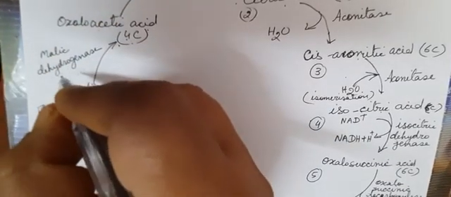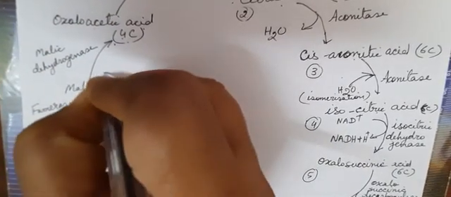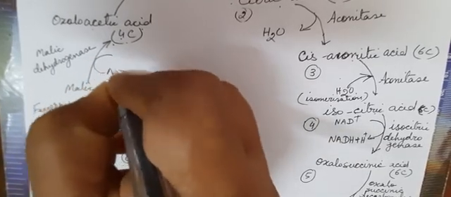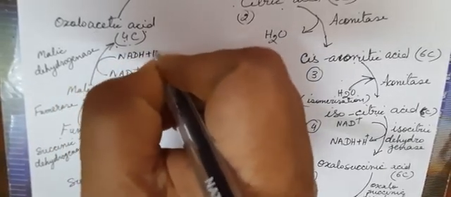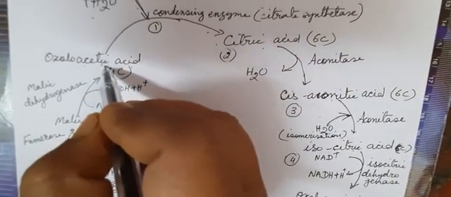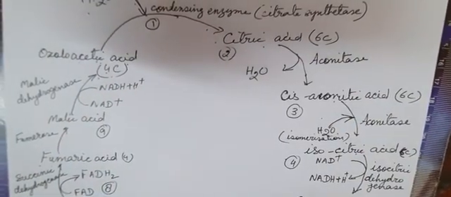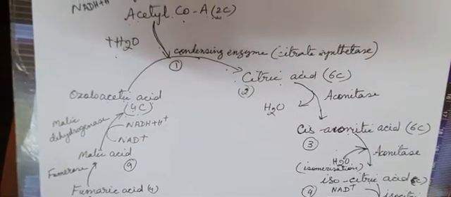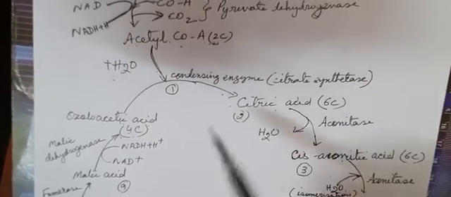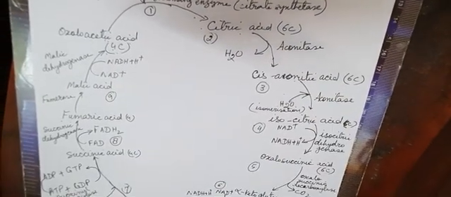Again, because it is dehydrogenase, there will be removal of hydrogen ions which will be accepted by NAD+. It will get reduced into NADH plus H plus. So again there will be the recovery of oxaloacetic acid. Because 2 molecules of pyruvic acid are there, this cycle will go 2 times for 1 molecule of glucose.